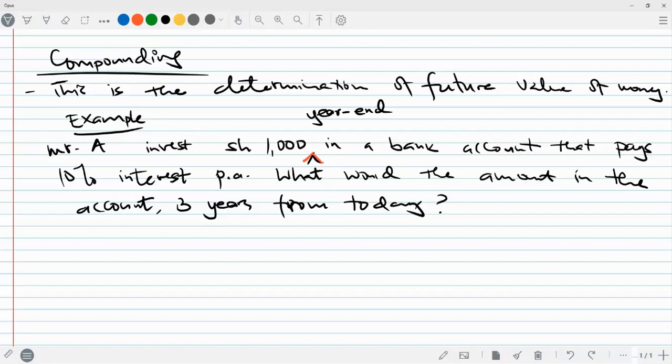What will be the amount in the account 3 years from today? Don't forget the investment is being done at the end of the year.